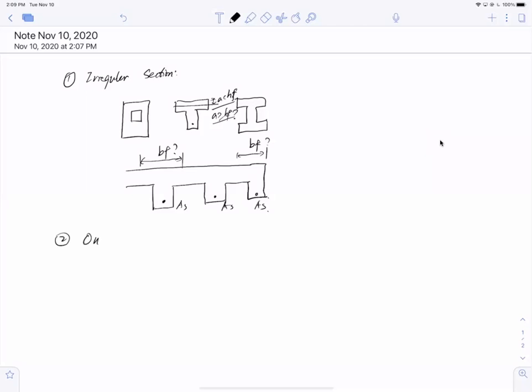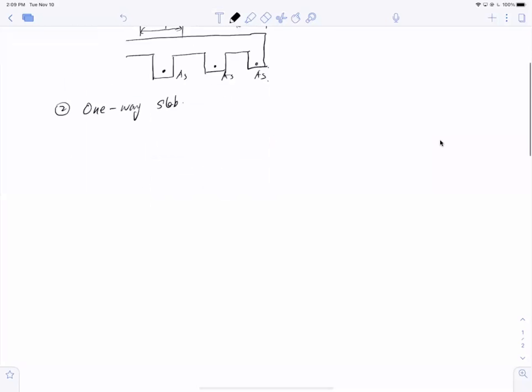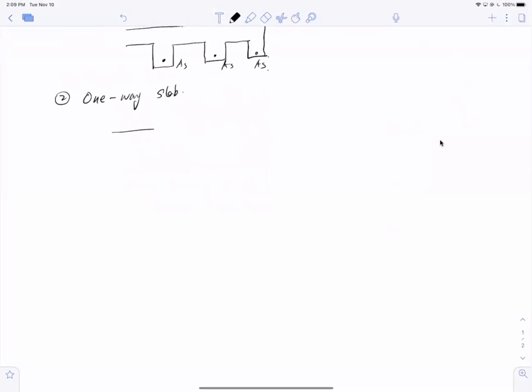All right, so on the one-way slab, now you will see a section like this. You need to have different spans, right?